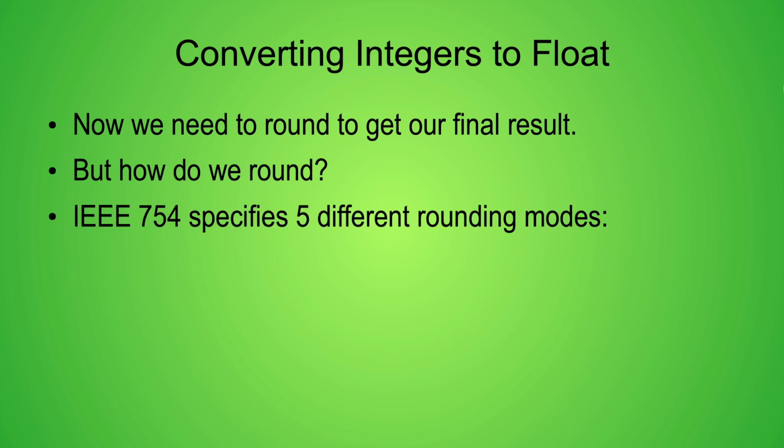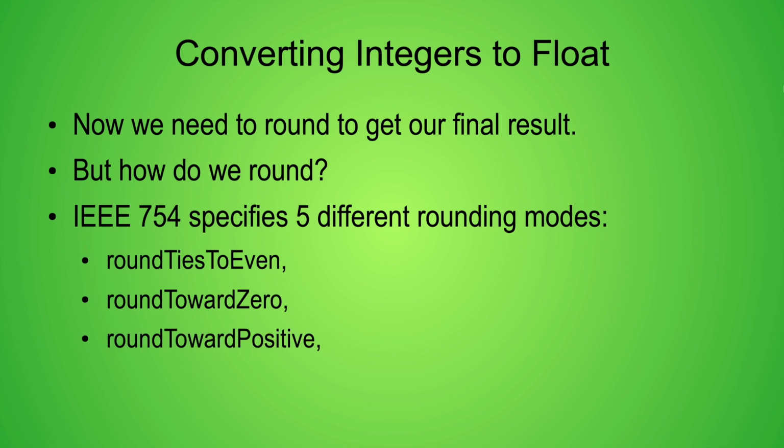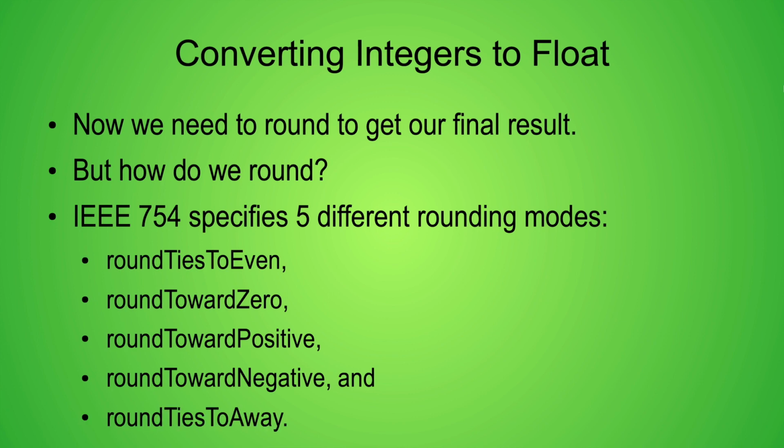The IEEE 754 standard calls out 5 rounding modes: round ties to even, round toward 0, round toward positive, round toward negative, and finally, round ties to away. The final rounding type, round ties to away, is only required for the decimal floating point formats. Since I'm not implementing any of the decimal formats, I'm going to skip implementing this rounding mode.